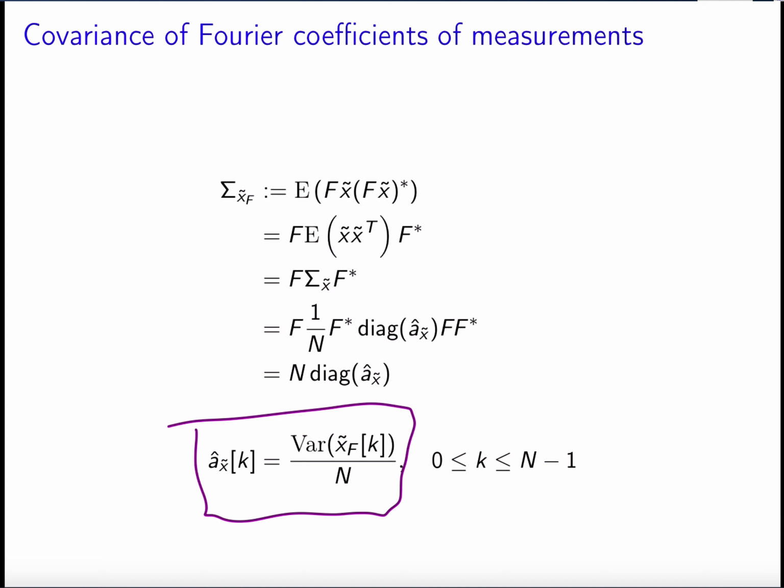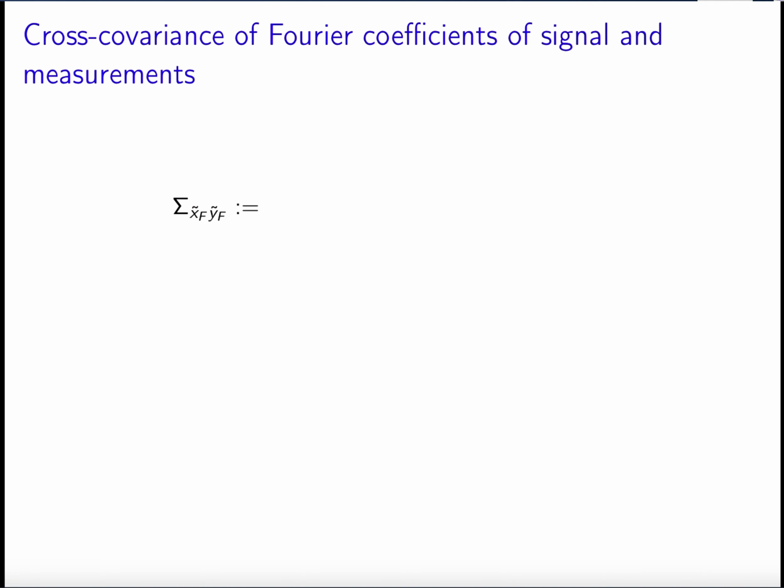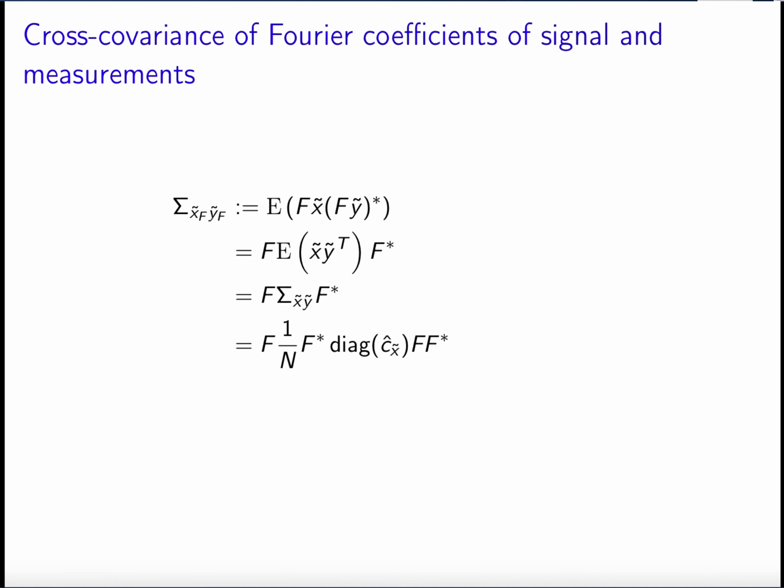Now we're also going to analyze the cross covariance between the DFT coefficients of X and Y. By definition, we take the expected value of fx times fy adjoint. The f's come out. This guy is just the cross covariance matrix. We know that the cross covariance matrix under this joint wide-sense stationary assumption has that eigendecomposition, so there's going to be that cancellation there.